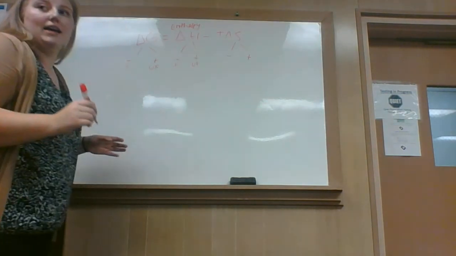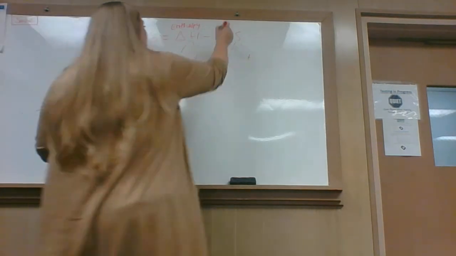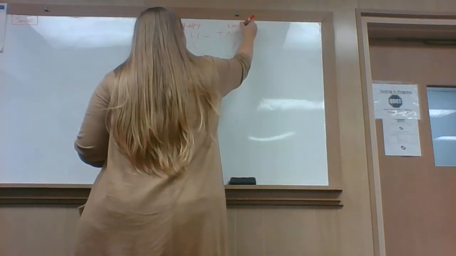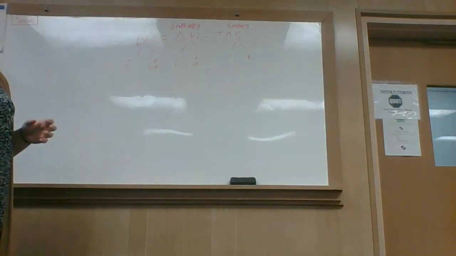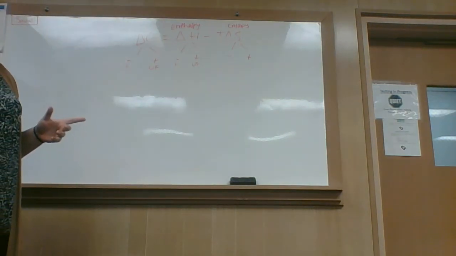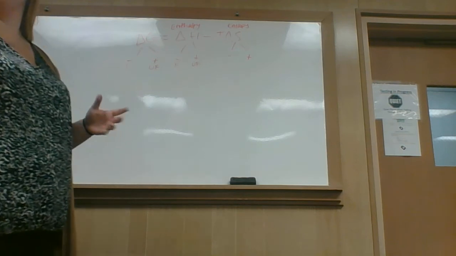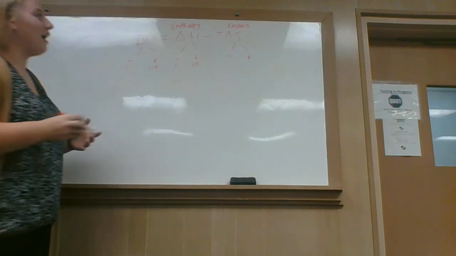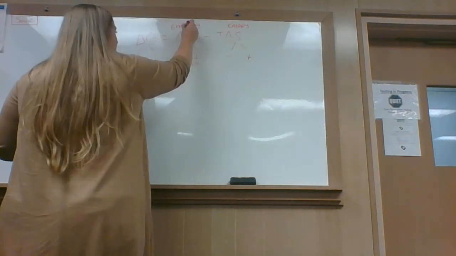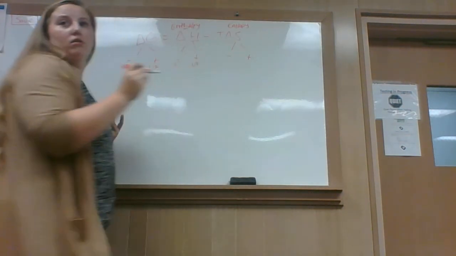And what is delta S? Entropy. How do we keep enthalpy and entropy separate? Like how do you keep them straight in your mind? My way, and you can use whatever way you want, is that enthalpy has an H in it.